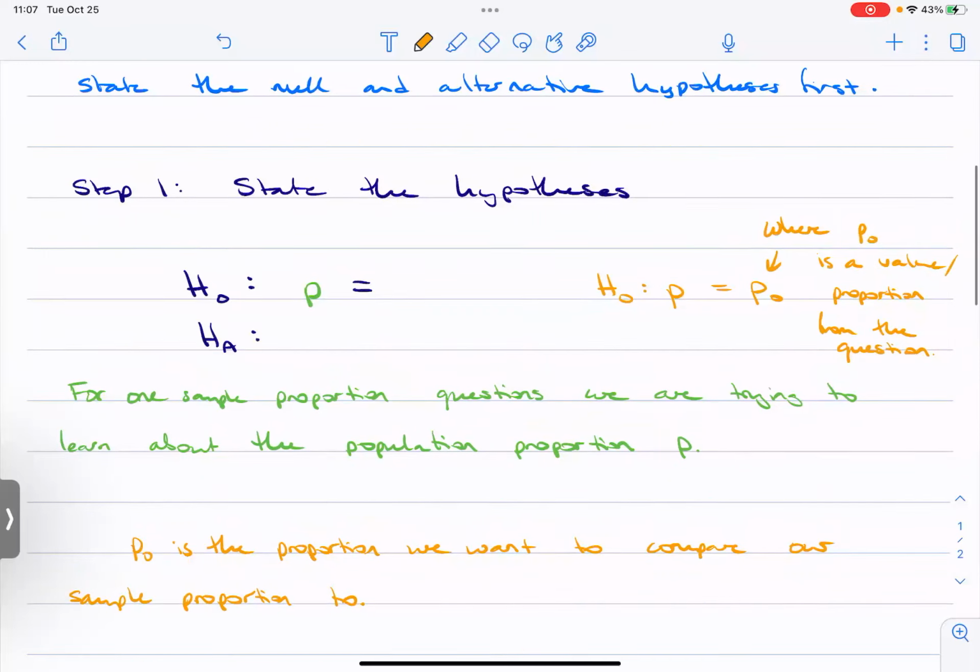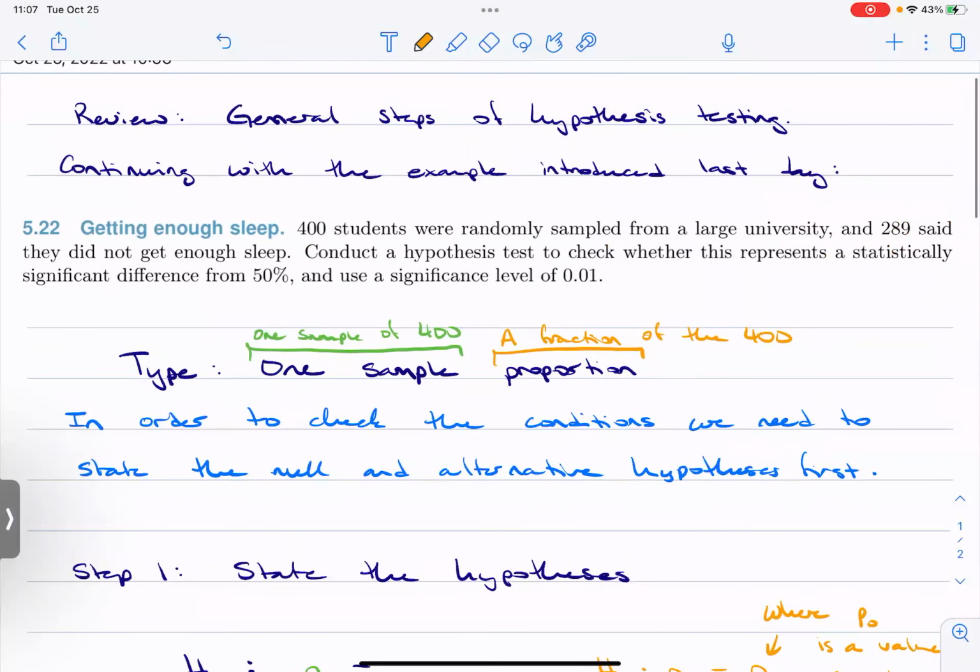So from the question, right? If we reread it, 400 students were randomly sampled from a large university and 289 said that they did not get enough sleep. Conduct a hypothesis test to check whether this represents a statistically significant difference from 50%. Okay. And then we're told to use a significance level of 0.01.